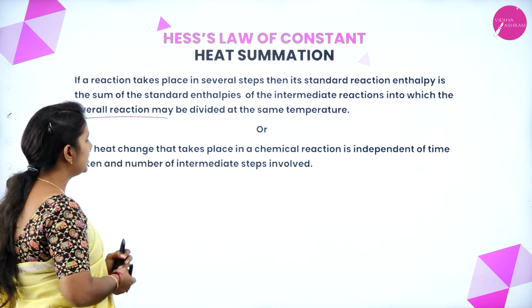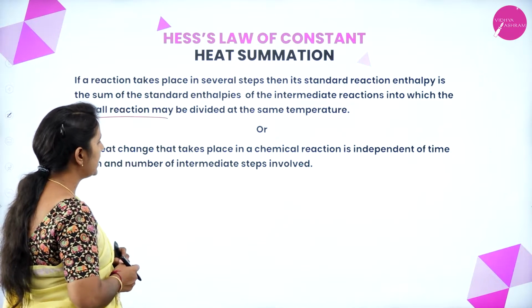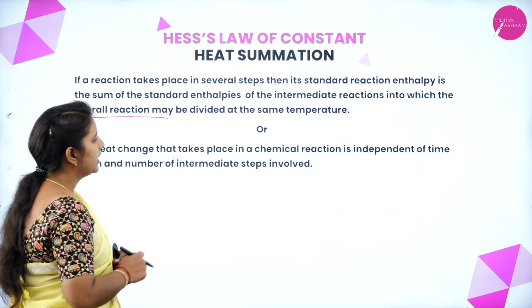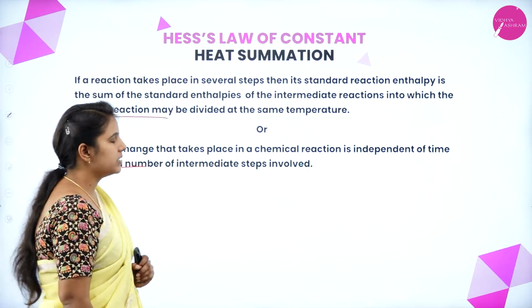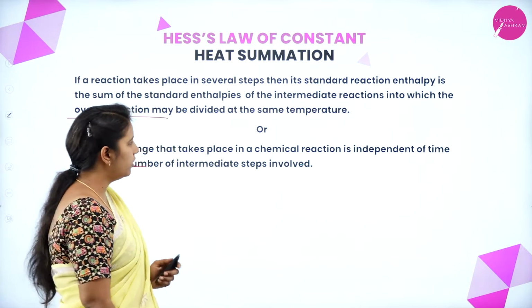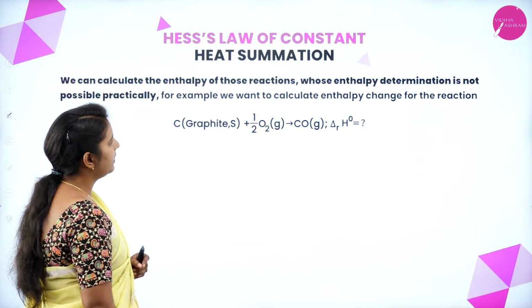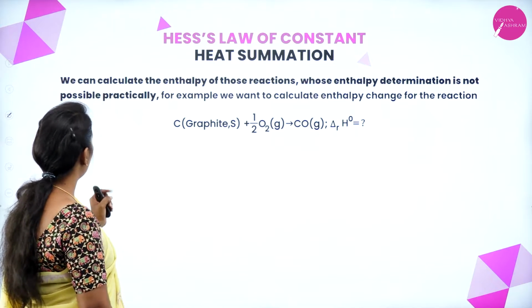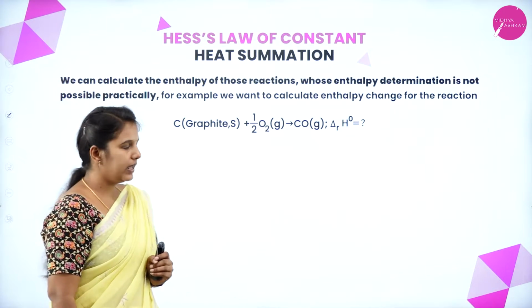The heat change can also be stated like this: the heat change that takes place in a chemical reaction is independent of the time taken and the number of intermediate steps involved. We can calculate the enthalpy of those reactions whose enthalpy cannot be determined practically. For example, we can take this reaction.